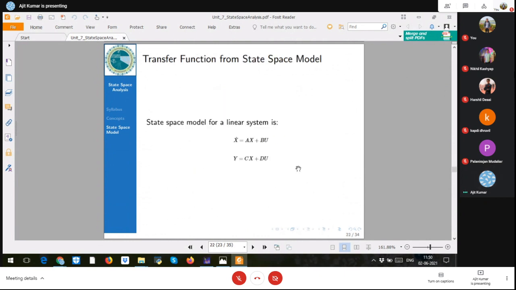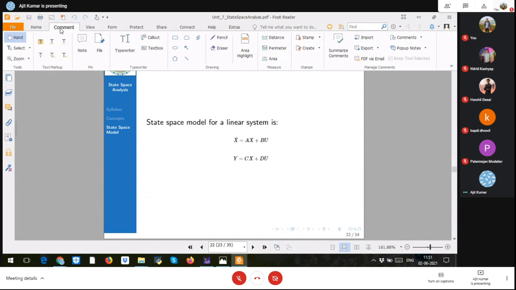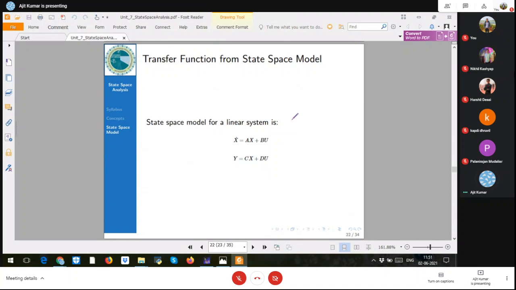Now we are in reverse gear a bit. So now I'm posing a question: can we get a transfer function model from a state space model? We have this state space model as x dot equals Ax plus Bu, y equals Cx plus Du, right? तो इसमें क्या हो रहा है कि we are trying to find, so this is your state space model.